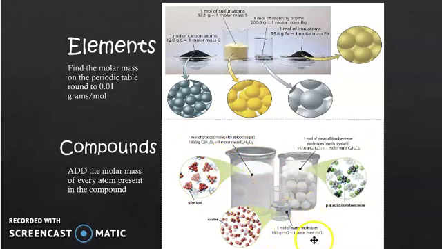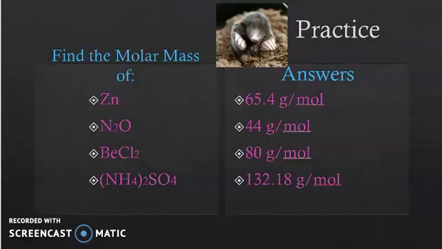For 1 mole of water molecules, I have a molar mass of 18.0 grams per mole. For H2O, because hydrogen, if I look at my atomic mass, is 1.01 plus 1.01 because I have 2 hydrogens, plus oxygen, which is around 16. So 16 plus 2 gives me 18 grams. So that's how many grams per mole. That's my molar mass of H2O or water.